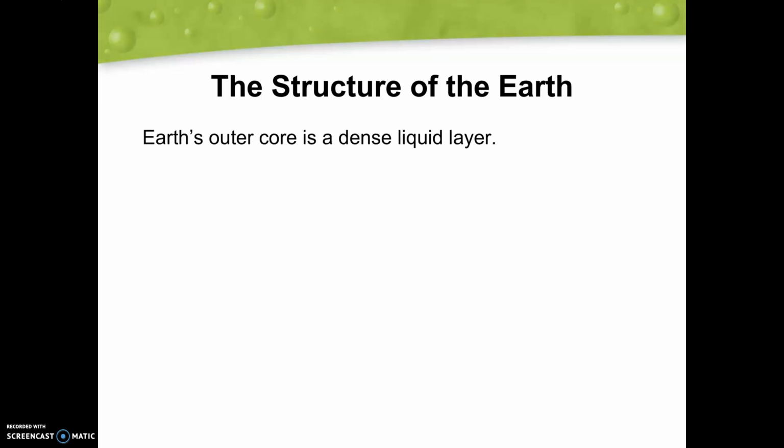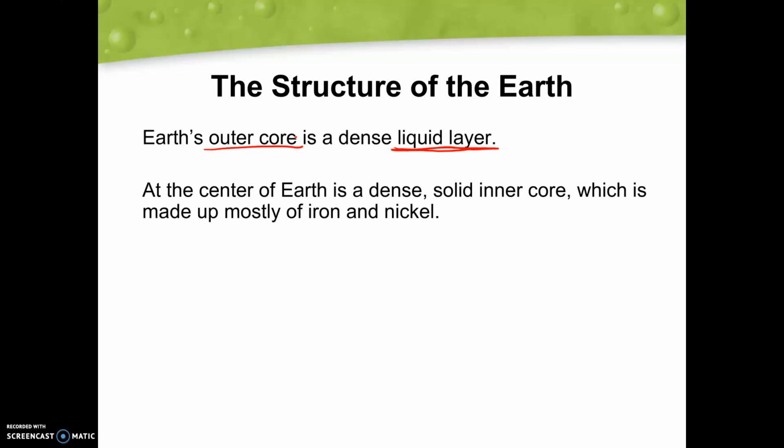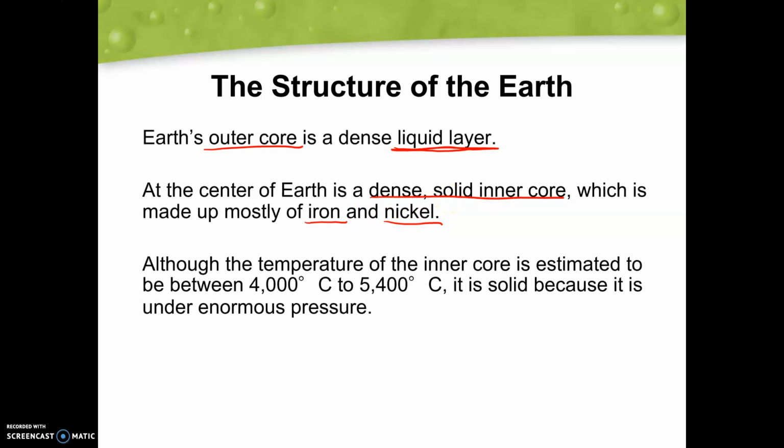Our outer core is a dense liquid layer. So here's a big difference here. We have a liquid layer in our outer core. And at the center of the Earth, there's a dense solid inner core, which is mostly made up of these two elements here, iron and nickel. The temperature in our inner core is very, very high.